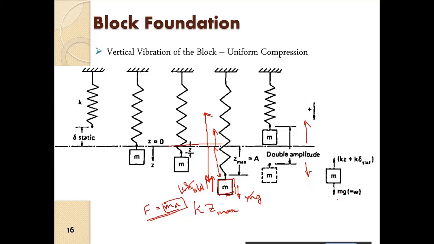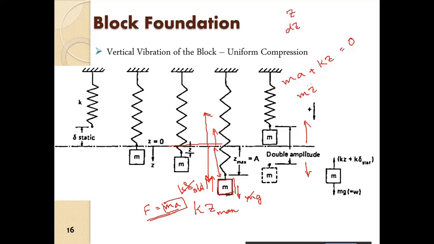Okay. So at any point, we have the mass into acceleration of the body plus the force from the spring is equal to 0. So this we can write as the double differentiation of the distance.